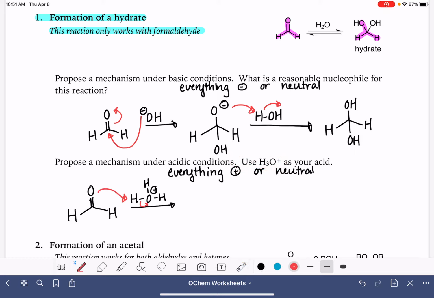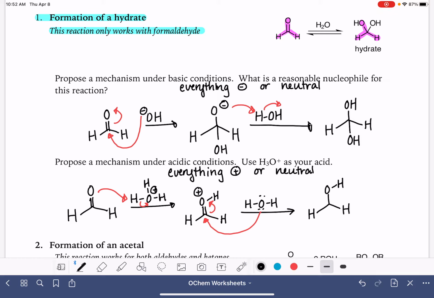Oxygen of the carbonyl group being protonated by that acid, which is going to look like this. And there's that positive charge that we need to be able to see. And the protonation leaves the H3O+ as just a water molecule, HOH. A lone pair of electrons on the oxygen of the water molecule is going to come in and attack the carbonyl carbon and open up the carbon-oxygen double bond.